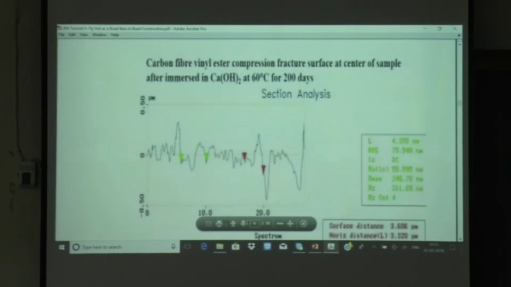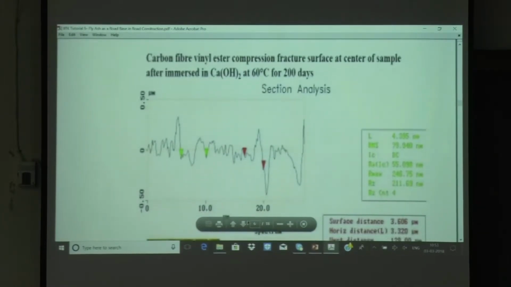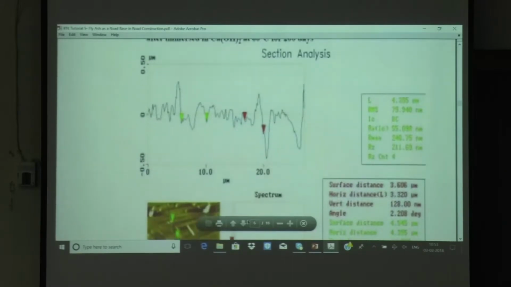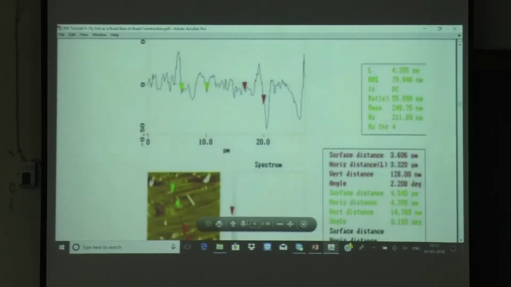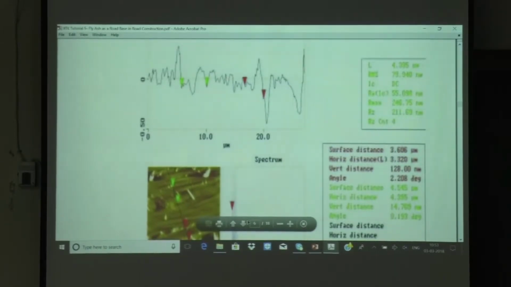Now, they used it in polymer matrix composites. So you have polymer and matrix. Here, if you look at this, if you have short carbon fiber in cement, atomic force microscopy can give features like this.